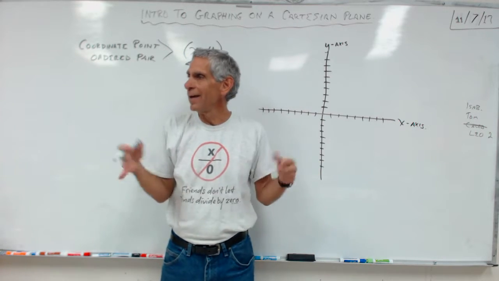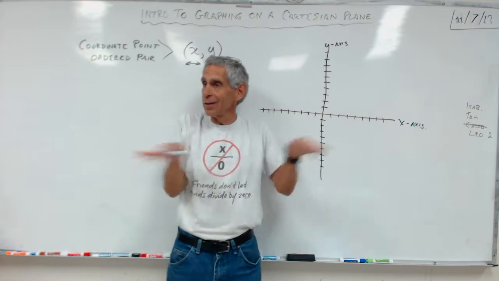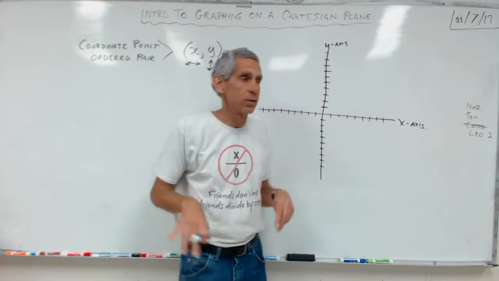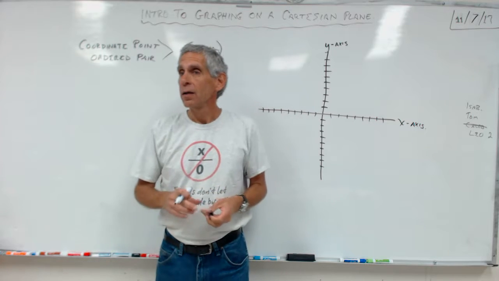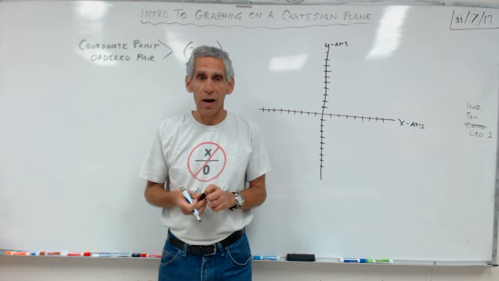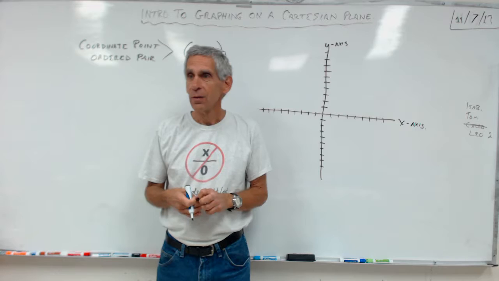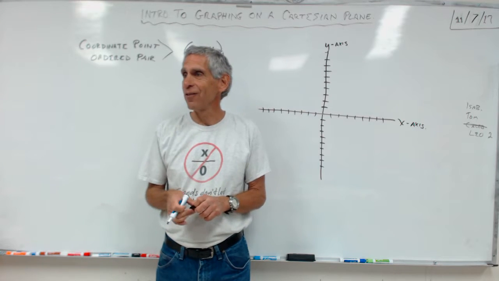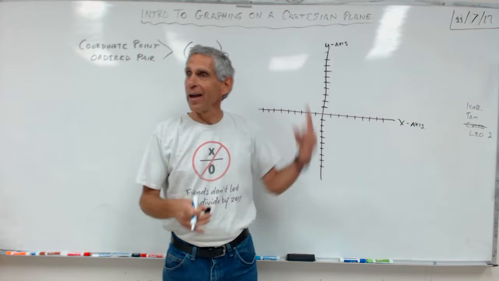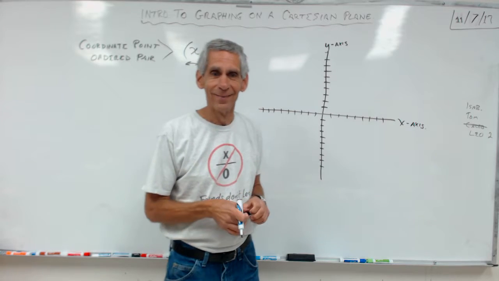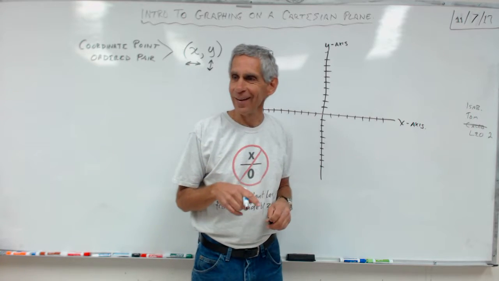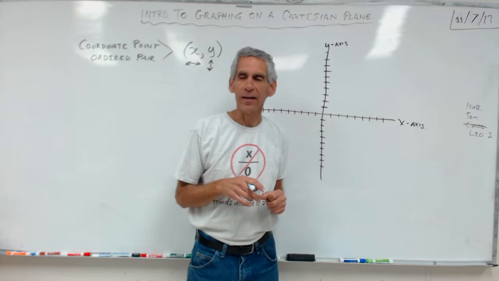An X, right? So the X is on the ground. It goes back and forth. And what creature rhymes with Y? Fly. Flies go up and down, and all around. They land on the ground.